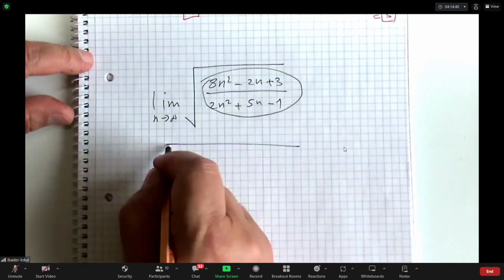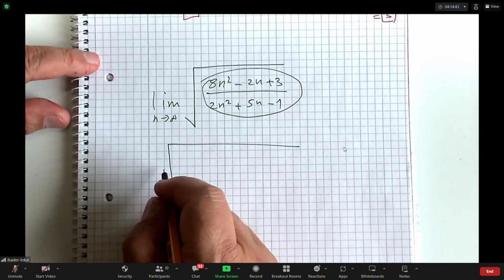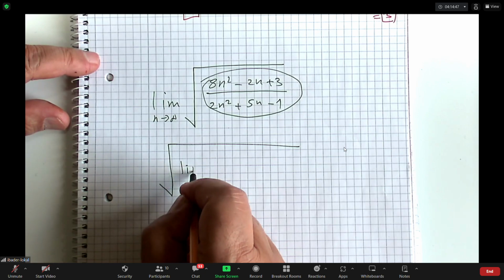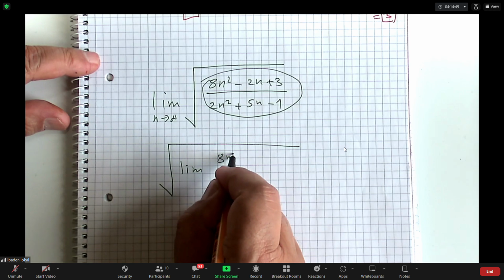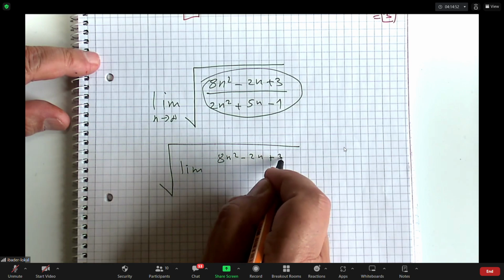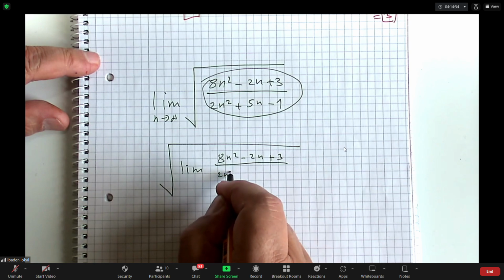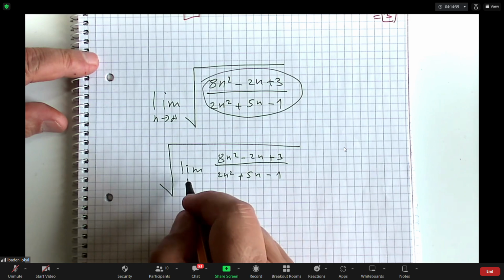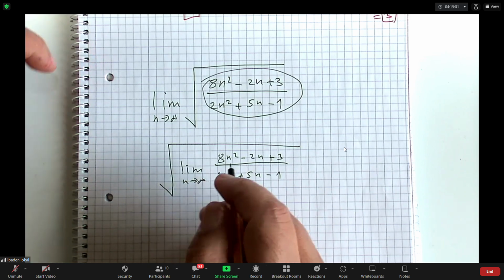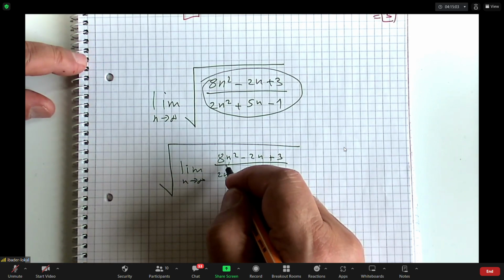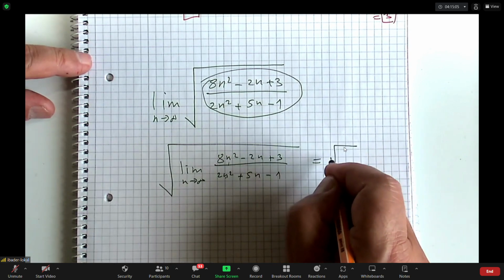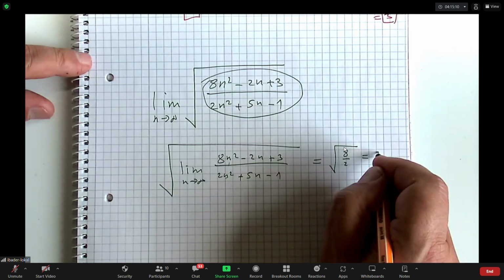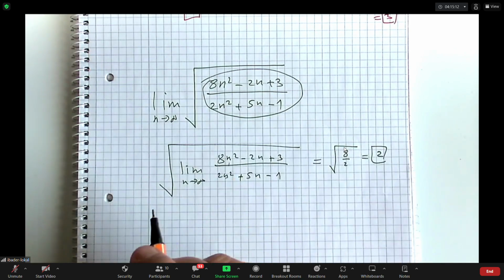According to the rules here, you can insert the limit inside the square root: the limit as n approaches infinity of (8n squared minus 2n plus 3) over (2n squared plus 5n minus 1). And if you evaluate this, you will have at the end the square root of 8 over 2, which is 2. See how simple that is?